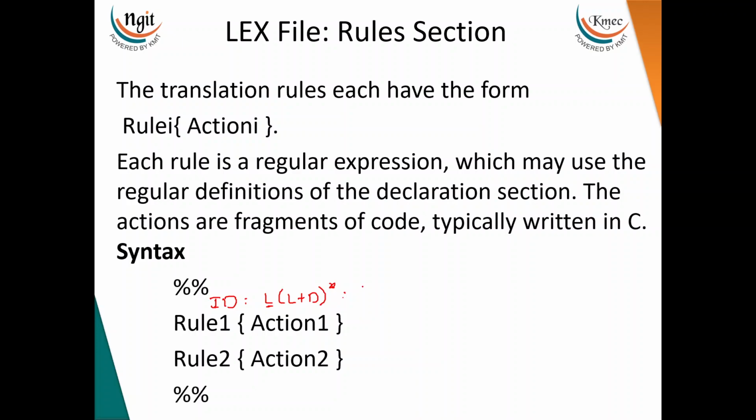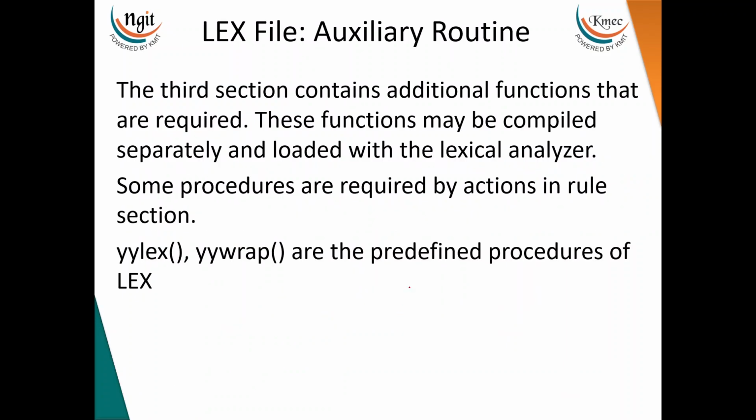Then if this happens, what do we have to do? Update the symbol table with the ID. So here I am calling a function when this pattern is satisfied. And what code is the function going to have? That we specify in the auxiliary routine.